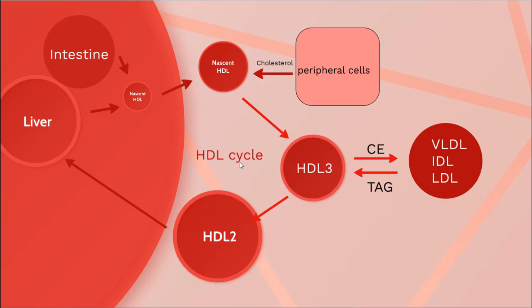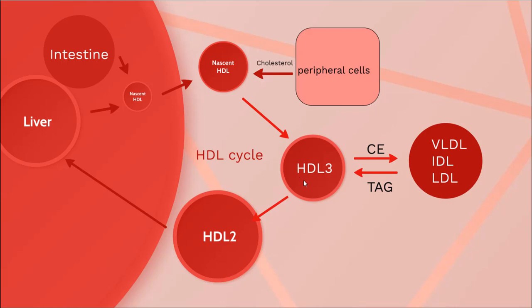It can be done in two routes. In the direct route, the nascent HDL takes up cholesterol from the peripheral tissue and directly delivers it to the liver. And in the indirect route, nascent HDL takes up cholesterol from the peripheral cells.